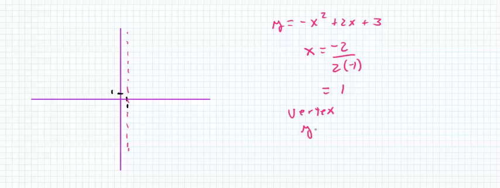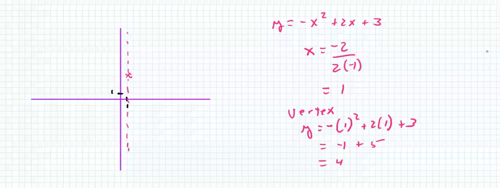So we have y equals the opposite of 1 squared plus 2 times 1 plus 3, -1 plus 2 plus 3 is 4. So we have 1, 2, 3, 4. Our vertex is right there.